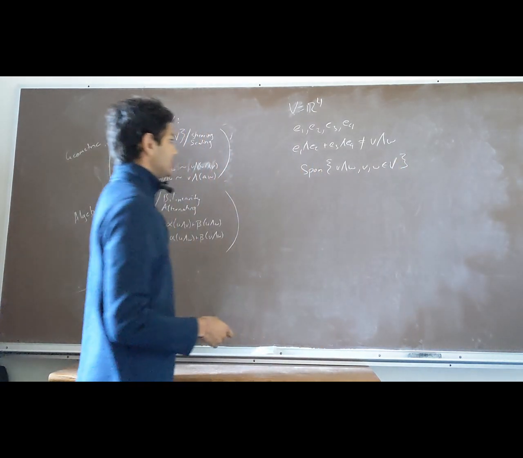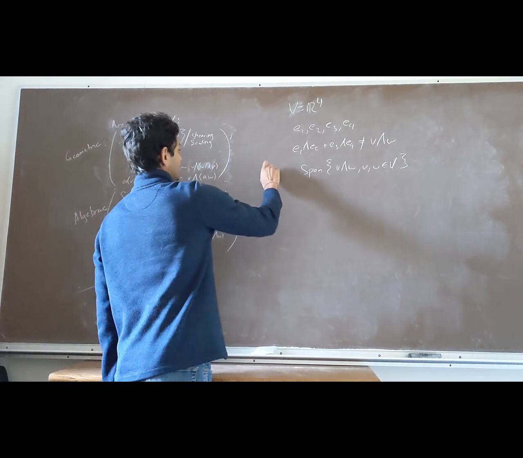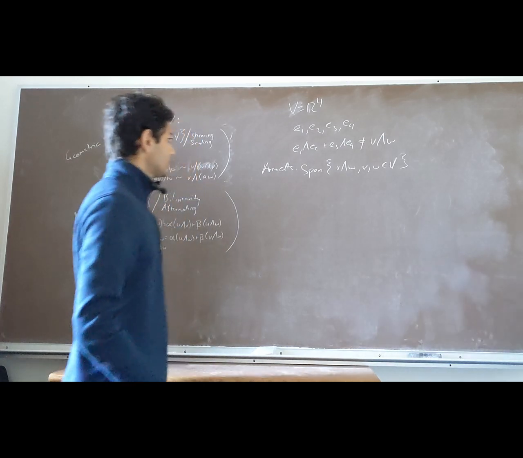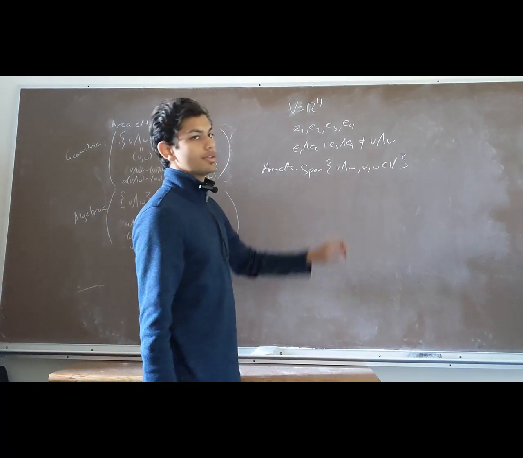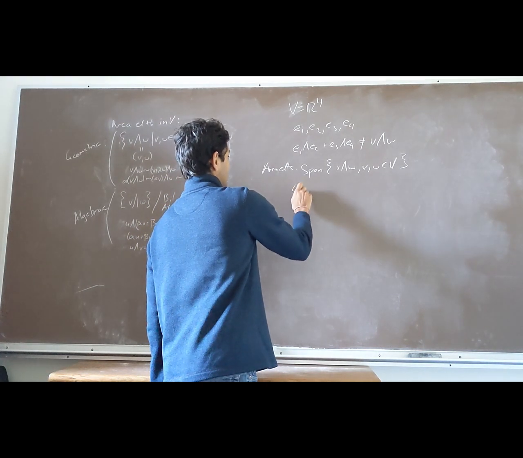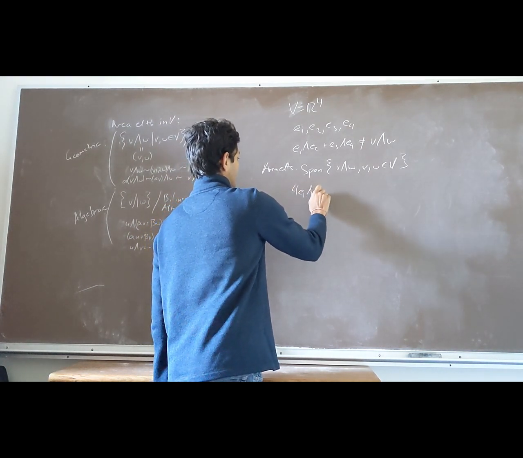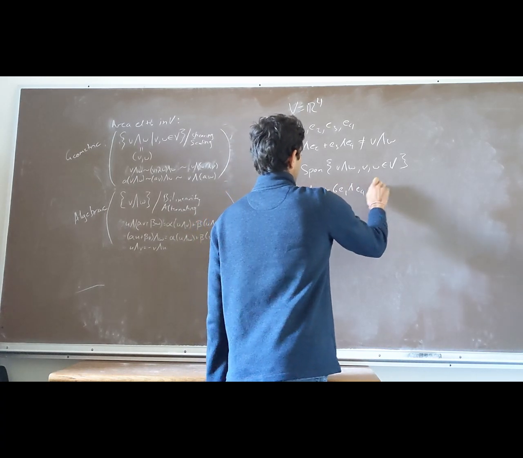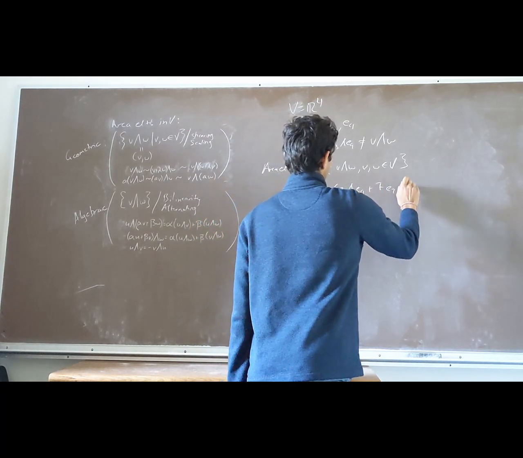So this will be the set of area elements. And so these will just be formal linear combinations of things that look like this. So for example, we can have like 4 E1 wedge E3 plus 6 E1 wedge E4 plus 7 E2 wedge E4.